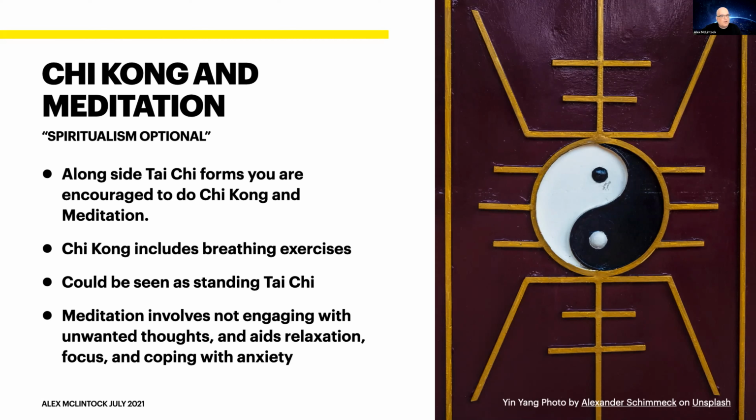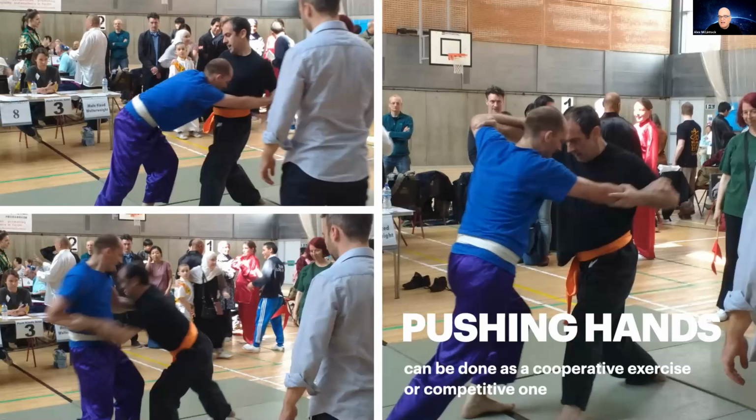Hence, you'll quite often see the yin-yang symbol being used. But don't worry about it. You don't have to be into that. Nobody's going to mind if you say, oh, that's all religious stuff and I don't want to listen to any of that. It's around, but nobody will force you to do it.